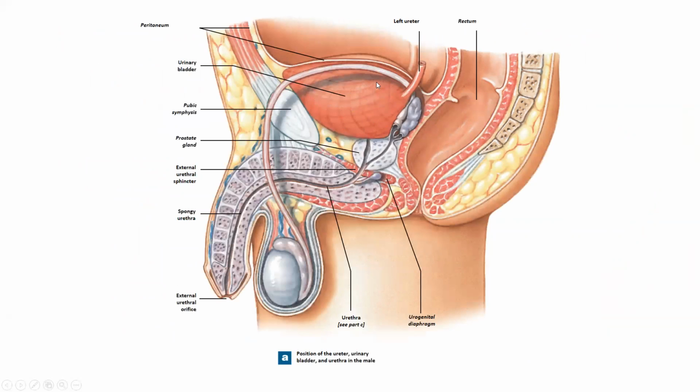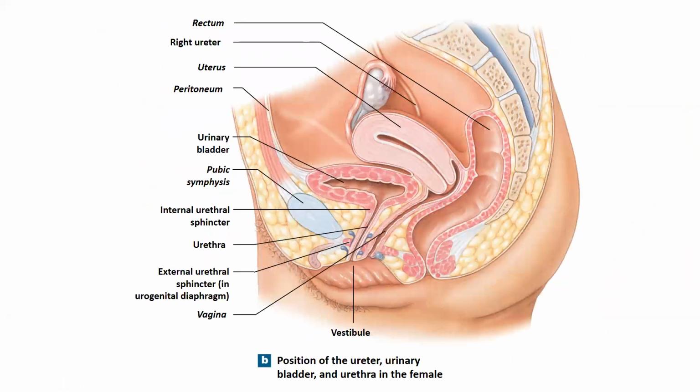For women, we have the bladder in between the uterus and the pubis. So think about a pregnant woman having a very distended uterus, pretty much squashing her bladder, and she's going to have to go to the bathroom quite often because of that pressure coming from the uterus.